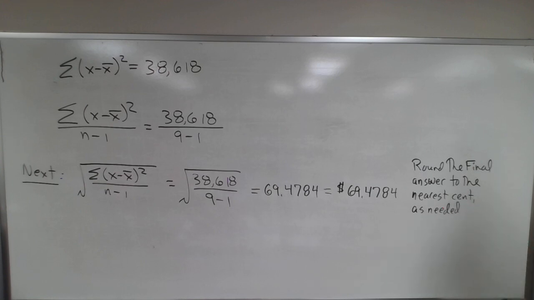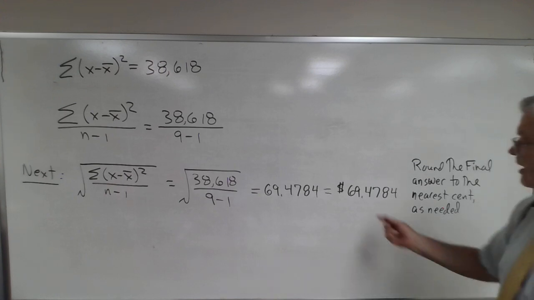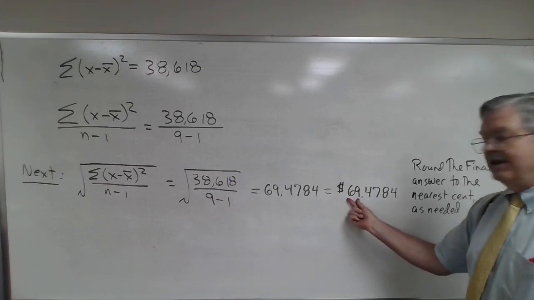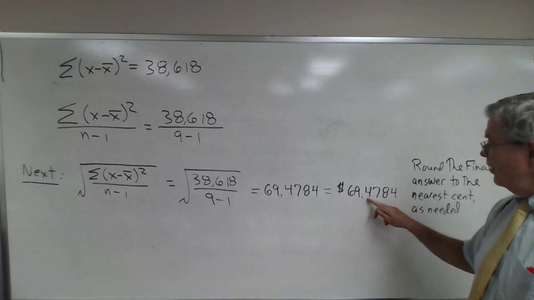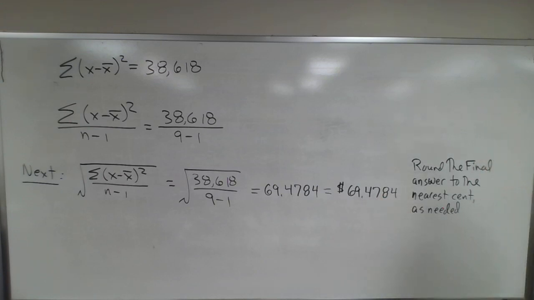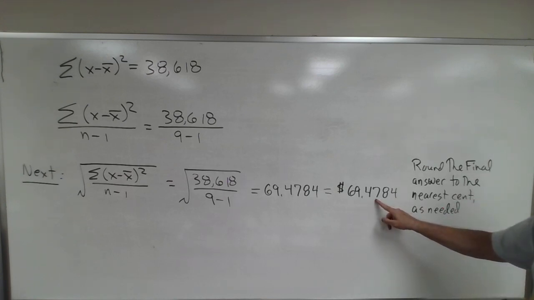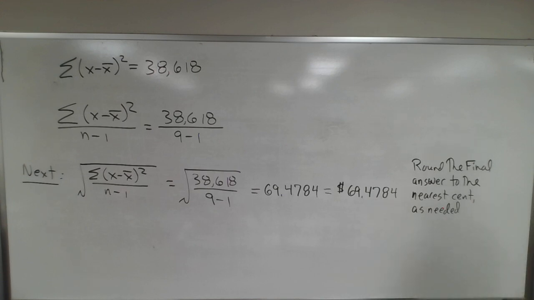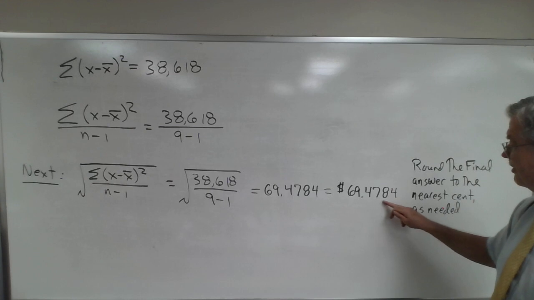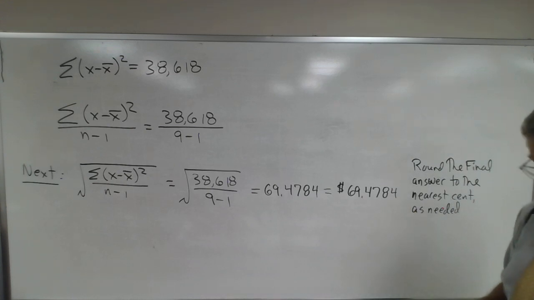Okay. To the left of the decimal point, these are dollars. To the right, these are cents. 47 cents. We're supposed to round the answer to the nearest cent. So here's the cents place right here. We go one place to the right of this.